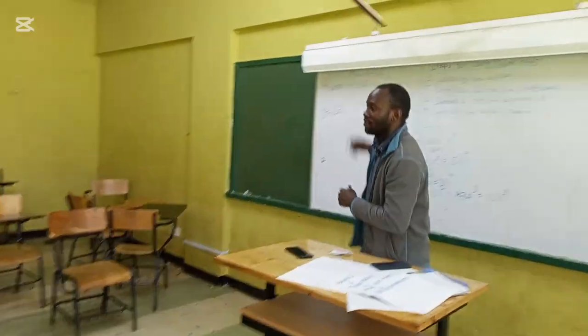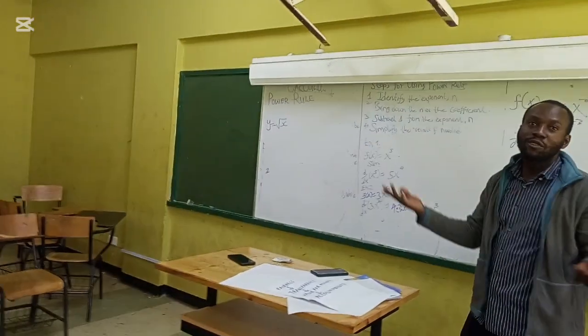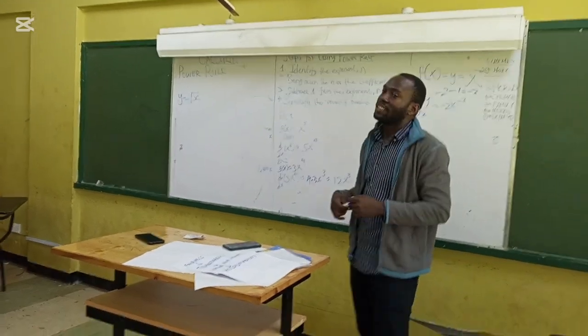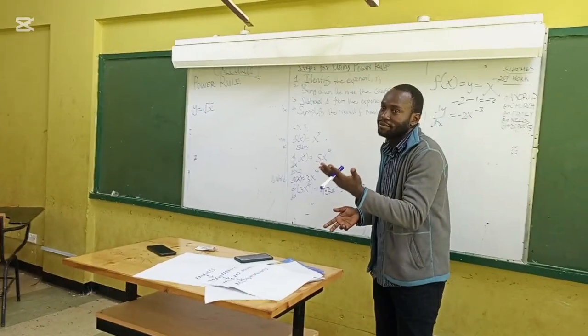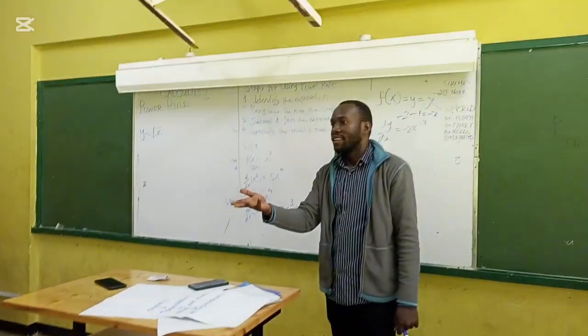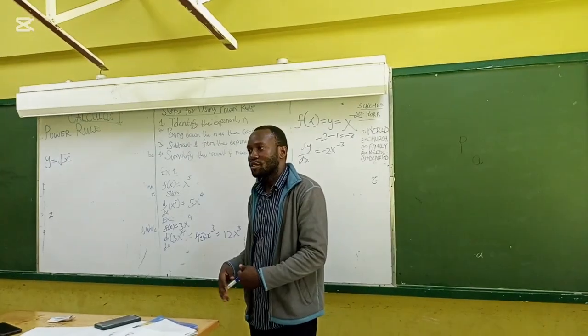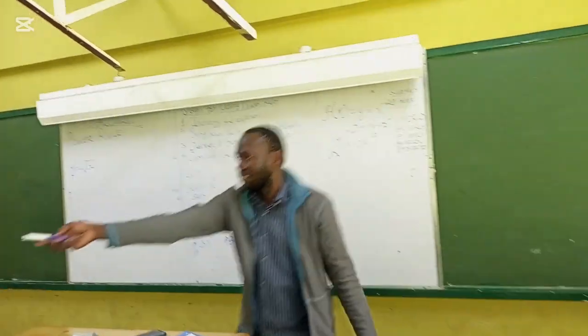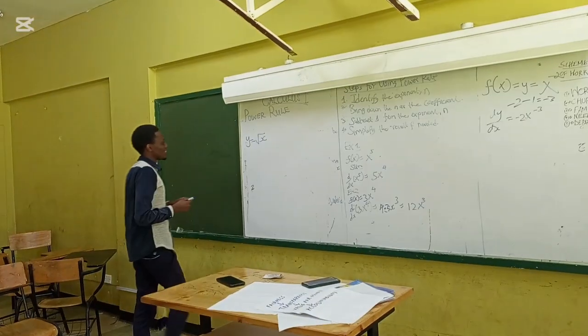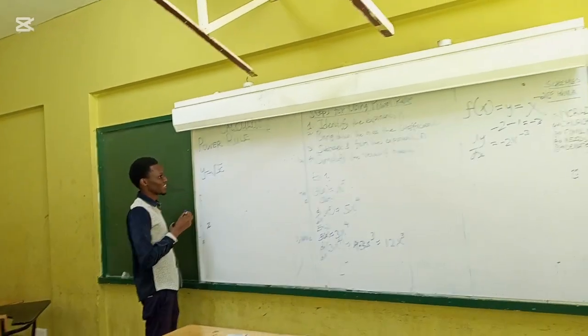The square root of x. Can anyone of you try? You can think. It's simple, not tough. Just come and try anything. Yes. We have a very complicated one. We'll try.